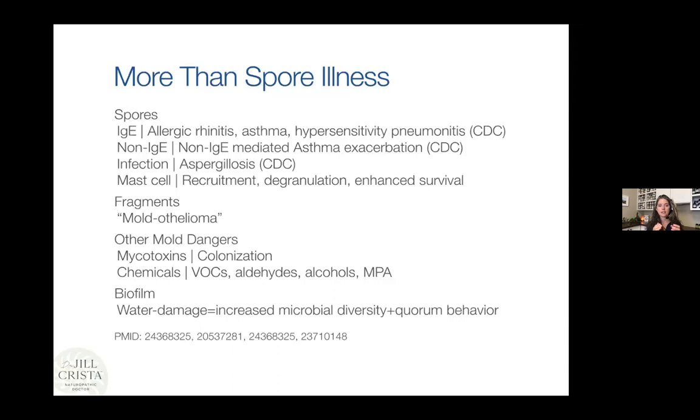This is from the Penicillium mold, where it is trying to defend its territory against other molds, but also against bacteria, because we see that in a water damaged building, as you see at the bottom there, we see increased microbial diversity, and among that, some quorum sensing and quorum behavior. So mycotoxins are made purposefully, the intention behind them is purposely being made to compete out other critters. So that could be any microbe of any kind.